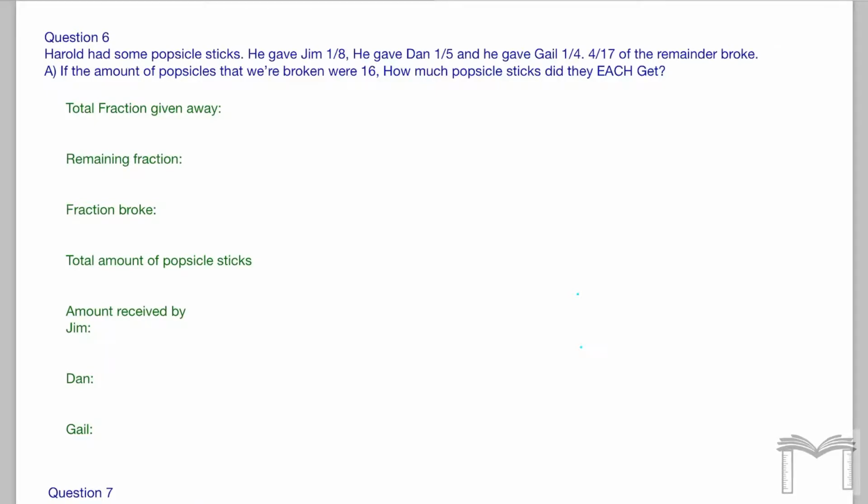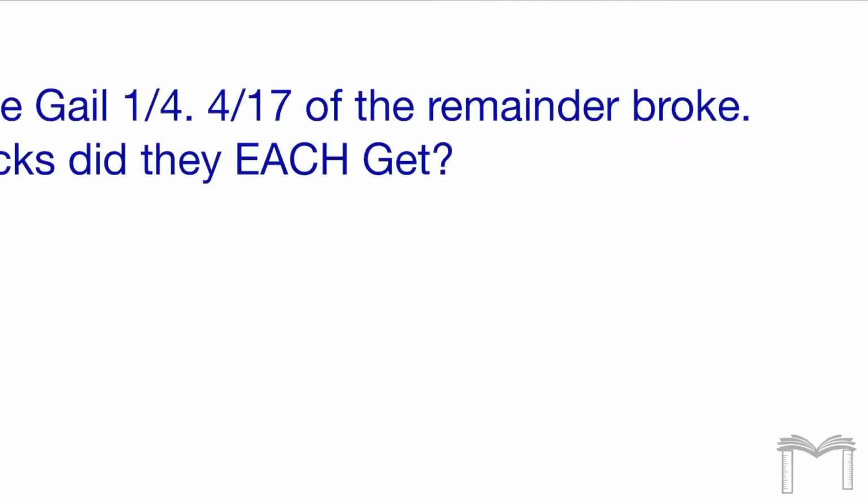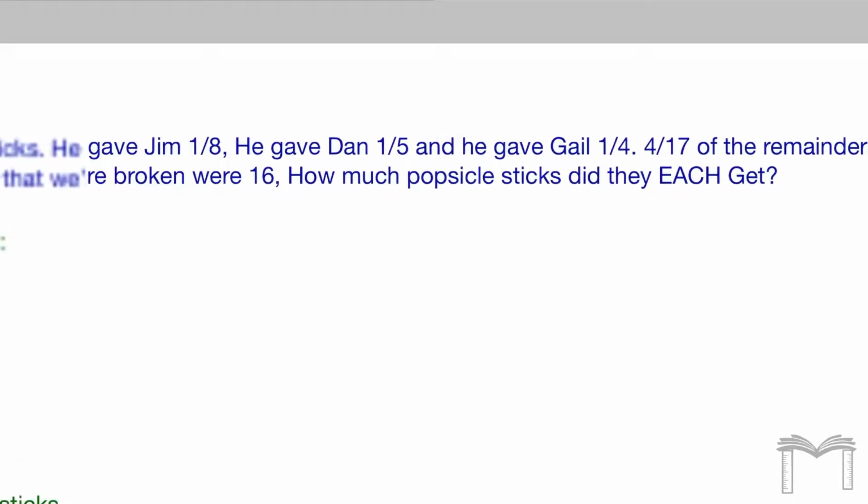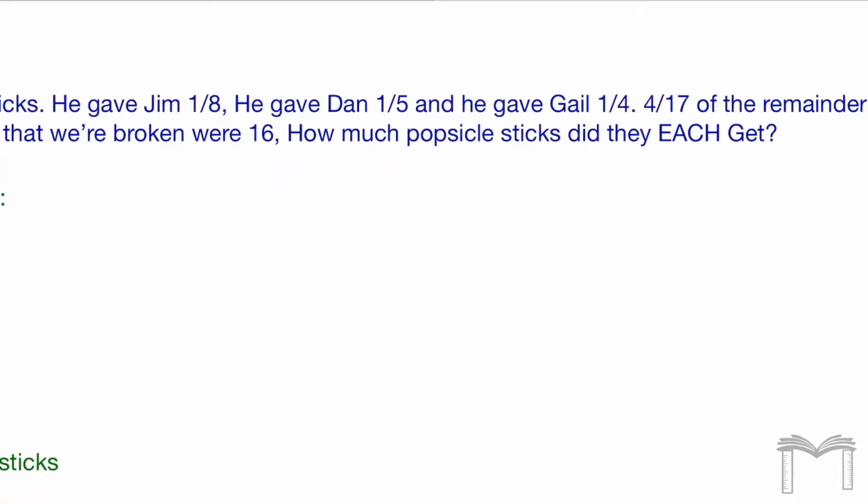So we need to determine the remainder so that we can find the fraction of the remainder which broke. The remainder is the fraction we have after Jim got 1/8, Dan got 1/5, and Gail got 1/4.